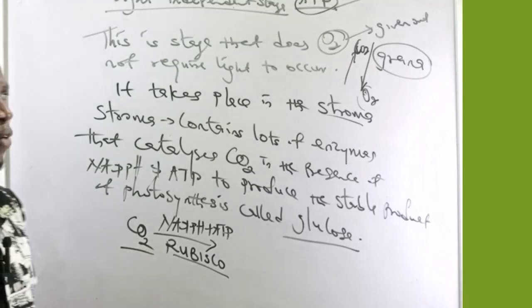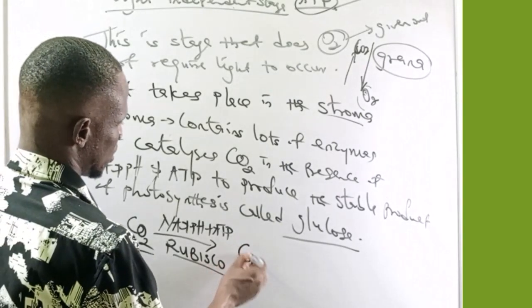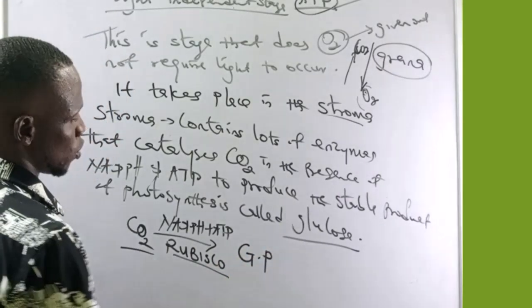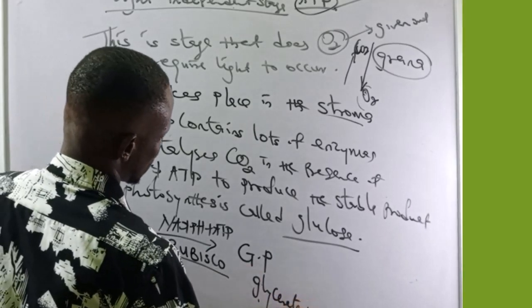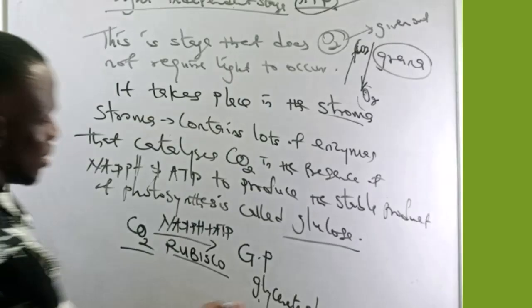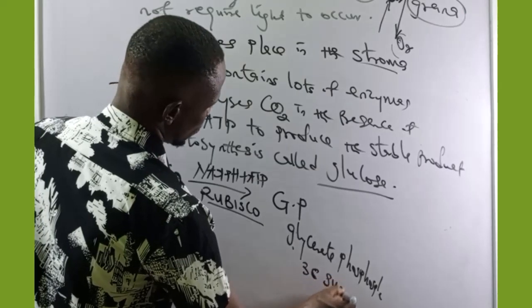A series of cascade reactions takes place here that leads to the production of the first product of photosynthesis, GP, which we call glycerate phosphate. This is a three carbon compound, a three carbon sugar.